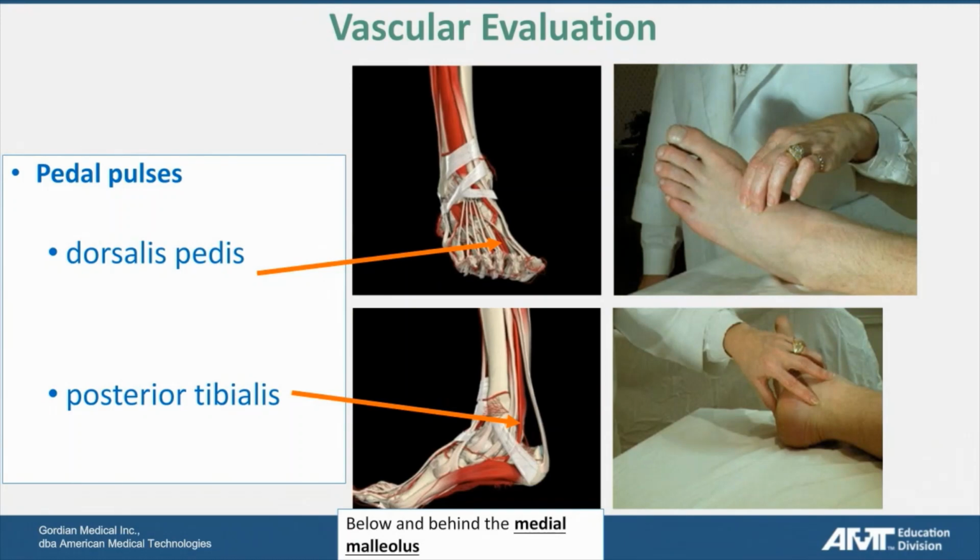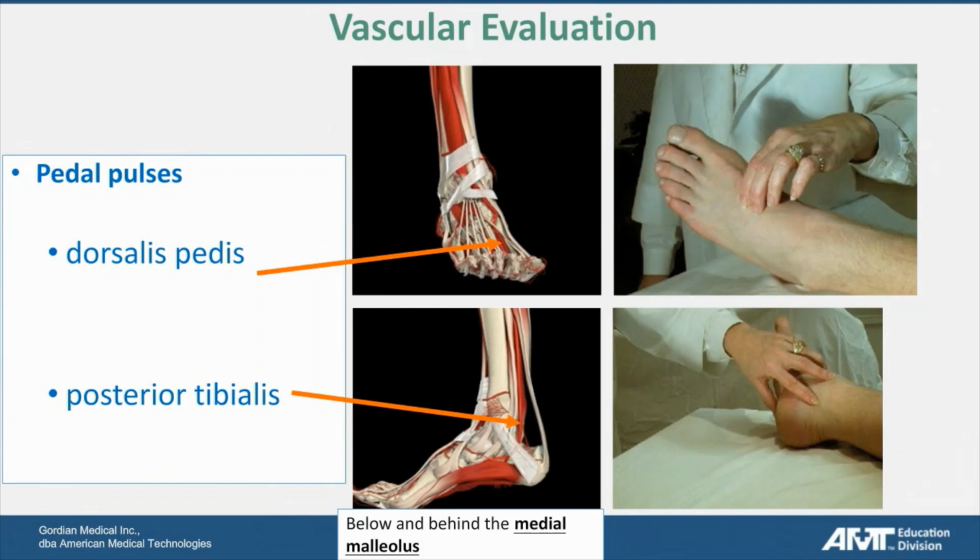I do want to mention, and I've already said it a couple of times, that taking pedal pulses does not give you definitive information about blood flow to the foot and lower extremity. What you do need to do, though, is go ahead and do your pedal pulses. Do your dorsalis pedis that goes down between the first and second metatarsal, then dives under and goes to the bottom of the forefoot.